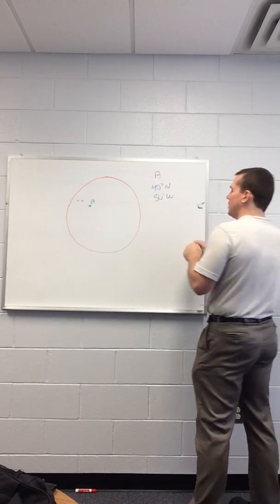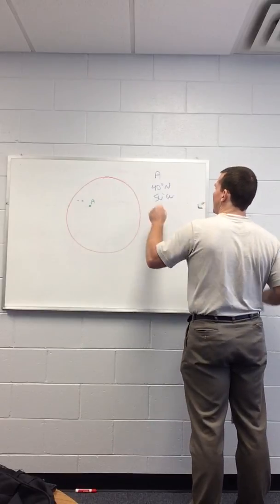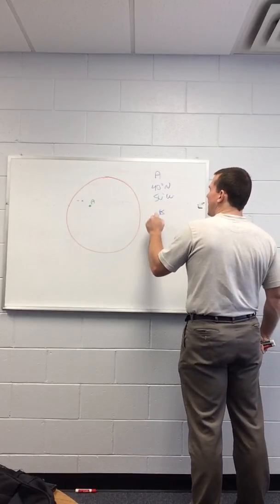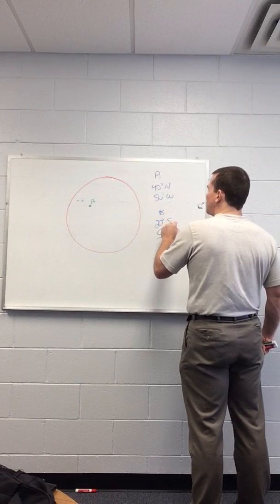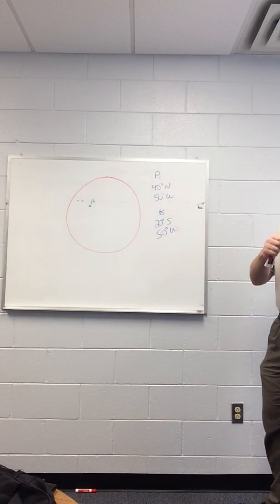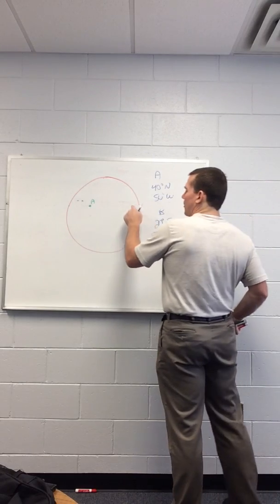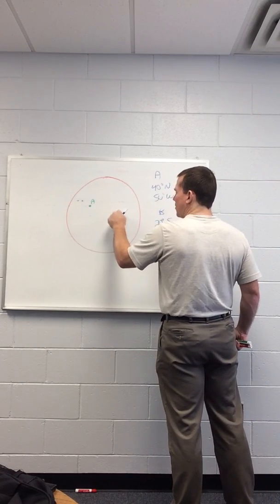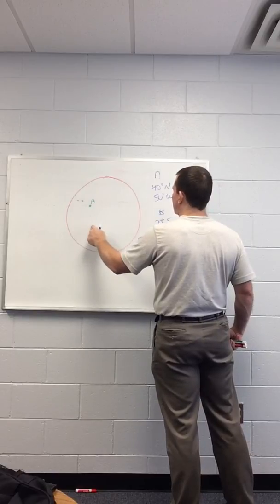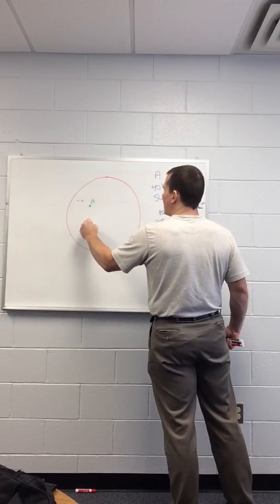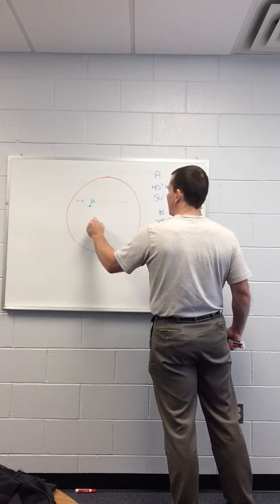Now suppose I have point B. We'll say point B is 20 degrees south, 50 degrees west. If this is my equator, 20 degrees south is down, 50 degrees west is the same distance over here, and I end up right there.